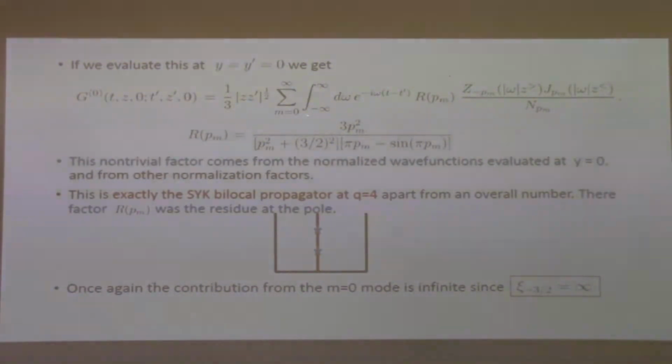Now that bilocal propagator had some non-trivial factors which come from the fact that the poles were solutions of a transcendental equation. So those factors are like the residues of those poles, and you might wonder where those come from, because I now started out with an action which has quite a standard kinetic term. They actually come from the values of the wave functions at this point.